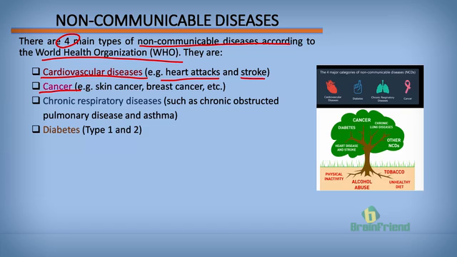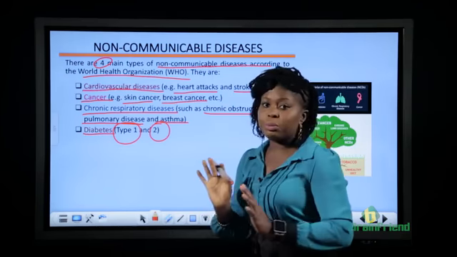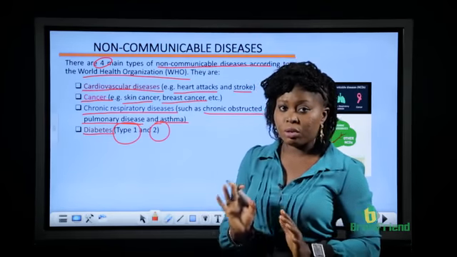We have skin cancer, breast cancer, lung cancer, brain cancer, and others. We have chronic respiratory diseases, and examples are chronic obstructed pulmonary disease and asthma. Then we have diabetes. And then we have types, type 1 diabetes and type 2 diabetes. So these are the 4 main types of non-communicable diseases as given by the World Health Organization.